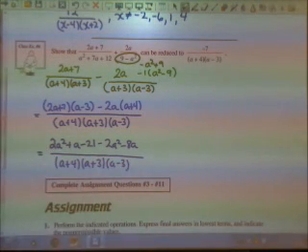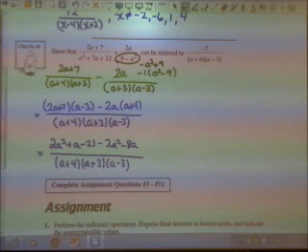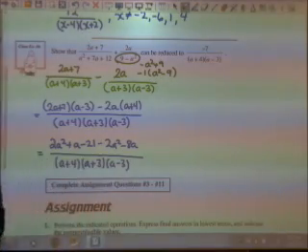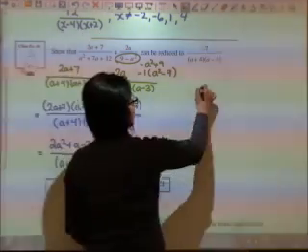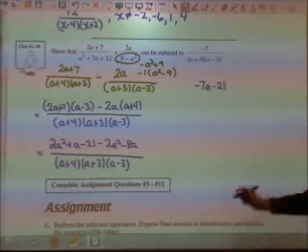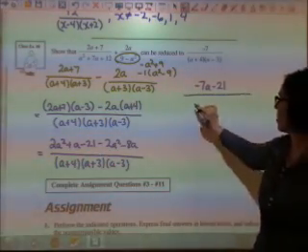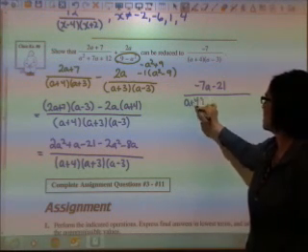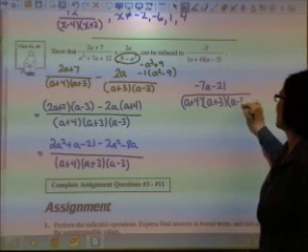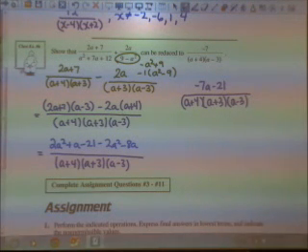So collect the like terms. 2a squared minus 2a squared cancels out. And then I've got a minus 8a, negative 7a. So I get a negative 7a minus 21 over all of this stuff again. It's probably the most tedious part about doing these questions, having to write out the denominator all the time.